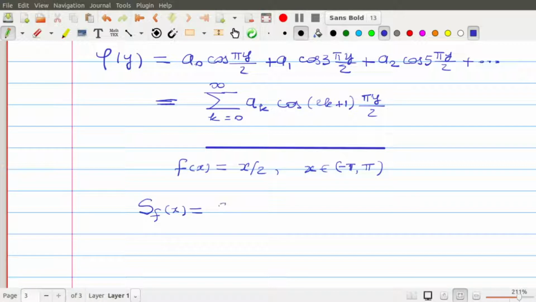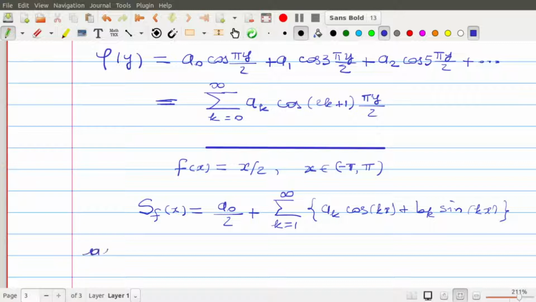So it is equal to a0 by 2 plus the sum over k running from 1 to infinity of ak cosine kx plus bk into sine kx.